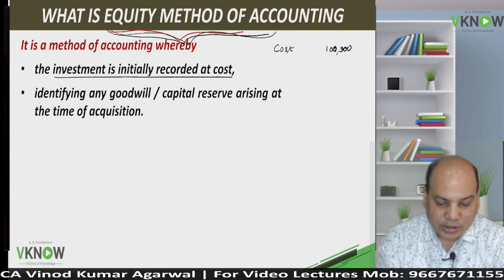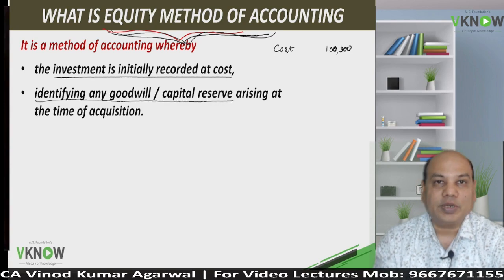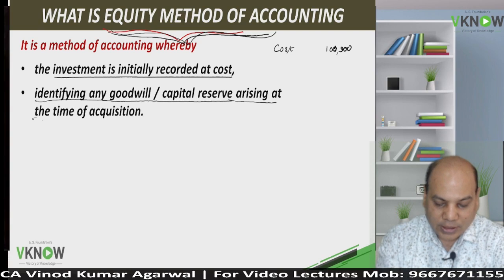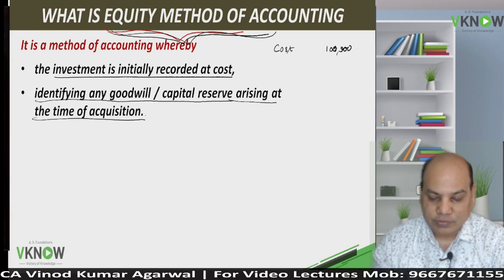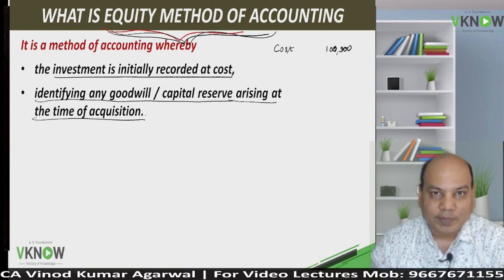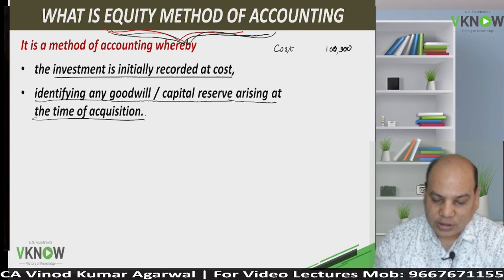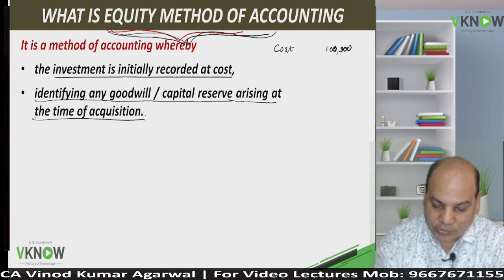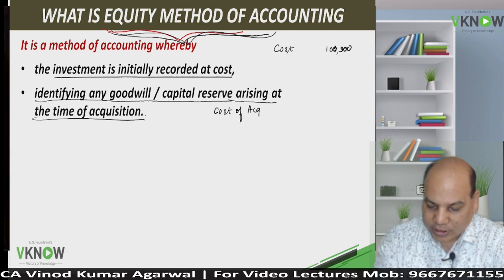And then we will identify any goodwill or capital reserve arising at the time of acquisition. What is the meaning of this line? It means we will calculate goodwill or capital reserve, which is the difference between cost of acquisition minus share in net asset of associate.